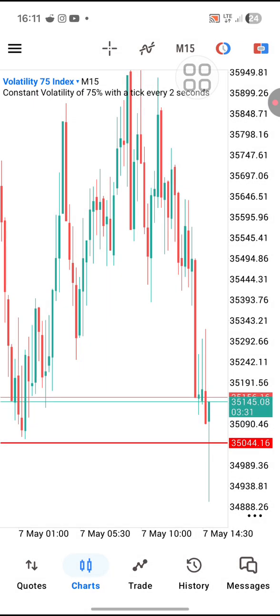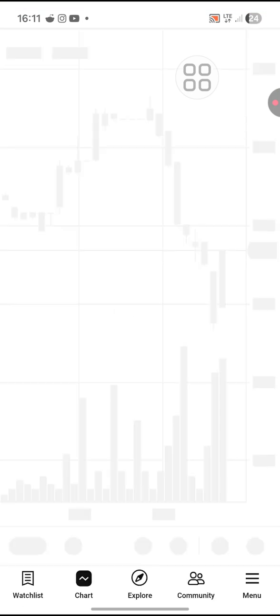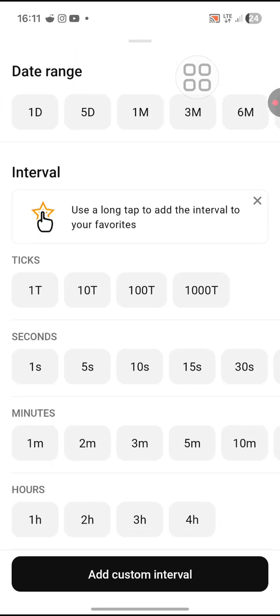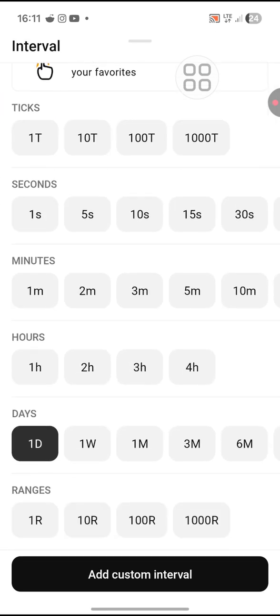Let me show you with TradingView. TradingView is another one you use to analyze. It's still the same. I trade only one pair.